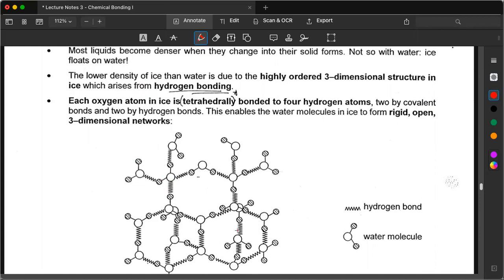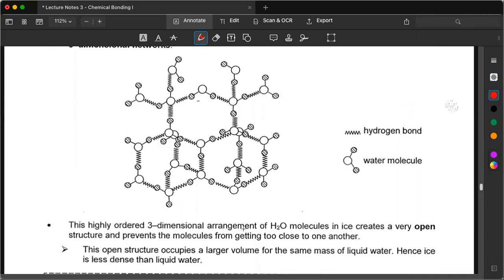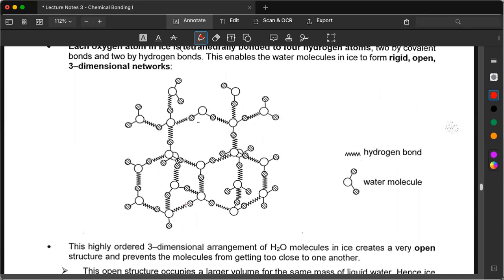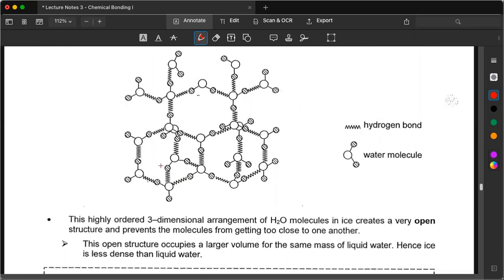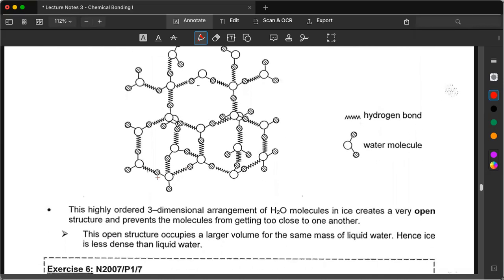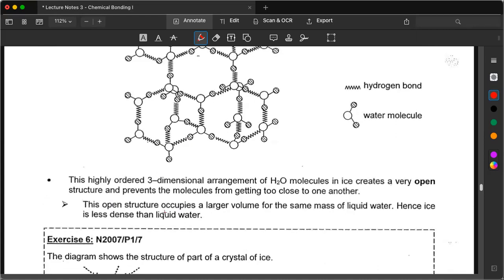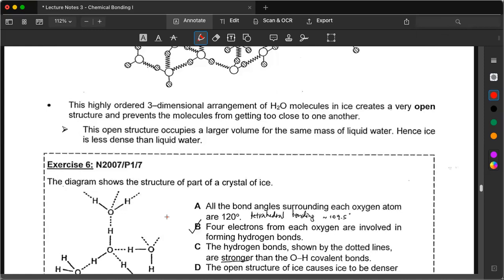This arrangement allows the water molecules in ice to form a rigid open three-dimensional network as shown. So this highly ordered three-dimensional arrangement of water molecules creates a very open structure and prevents the molecules from coming close to each other, which explains its large volume, and hence ice is less dense than liquid water.